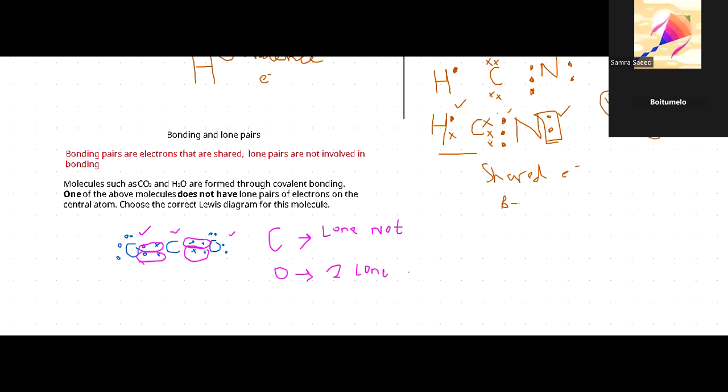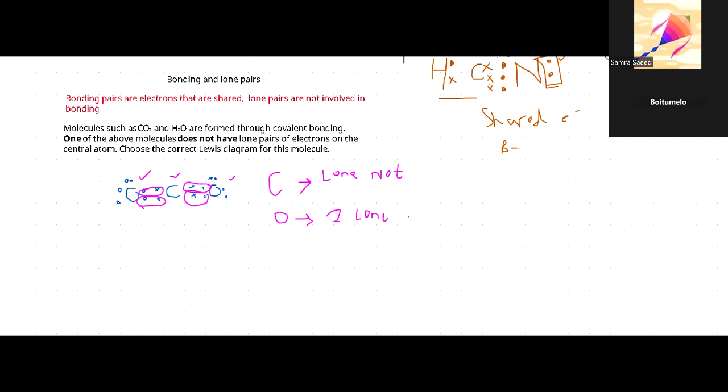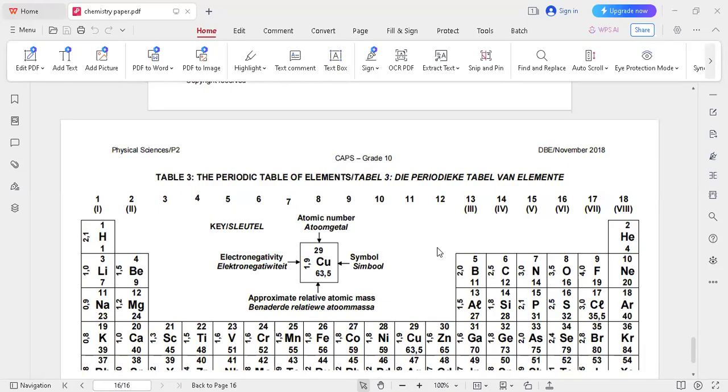Now I want to take you to the periodic table that I have here to show you something that might help you understand bonding better. Before I start, I just want to write down something over here. We're going to write down the goal.